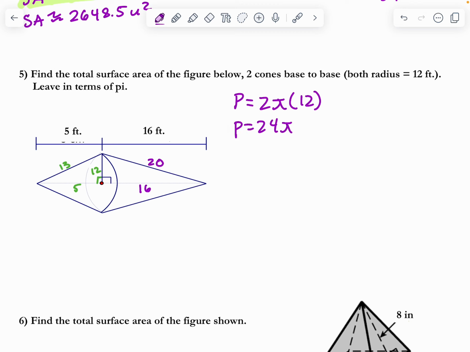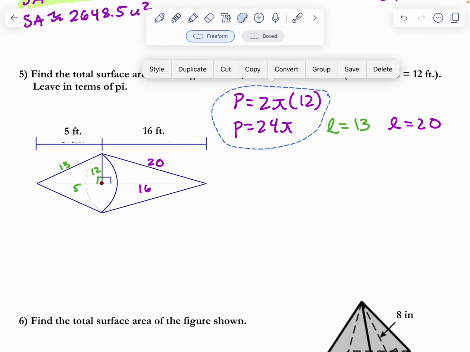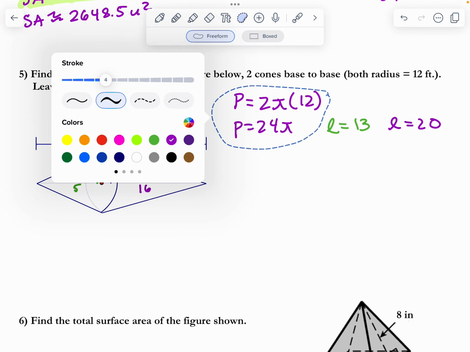That's my first answer. My slant height, I'm going to do in green because we have two slant heights. The one on the left is 13. In purple it's 20. I'm going to turn this a different color just so we don't get confused. Dark blue.